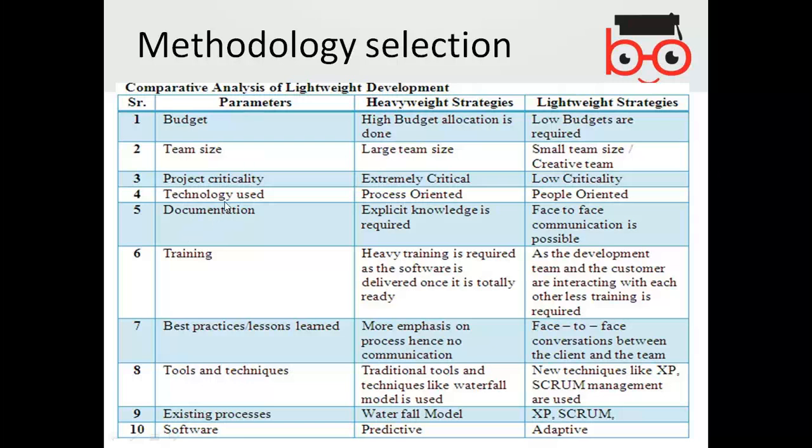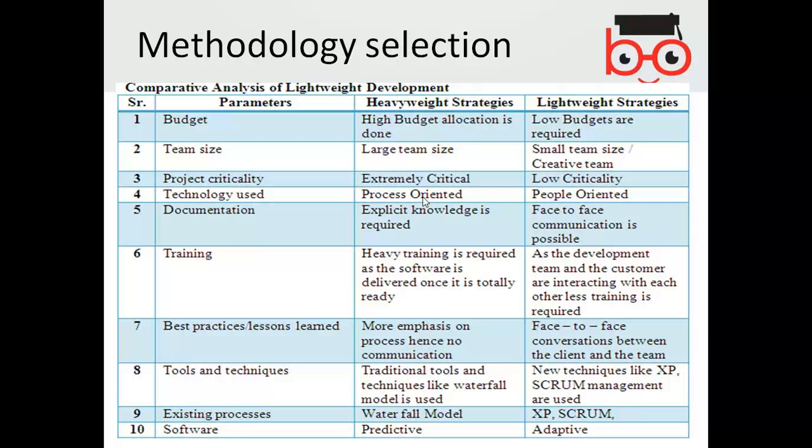Technologies used, the technologies used could be process oriented, and the lightweight strategies involve people oriented. How and why? Since the heavyweight strategies require a kind of process, and the process could take lots of resources and processes to be available to the development team.